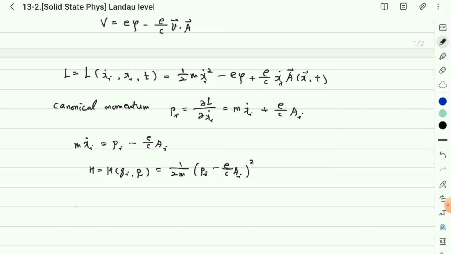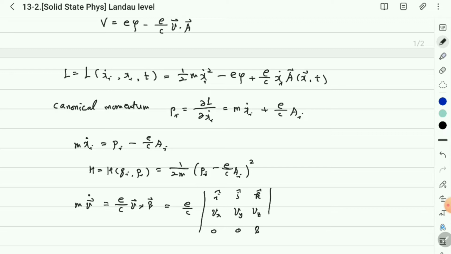Here, m v dot is e over c V cross B in the magnetic field. Then e over c times the determinant with i, j, k, vx, vy, vz, and 0, 0, B. Then eB over c has the i component vy minus the j component vx.